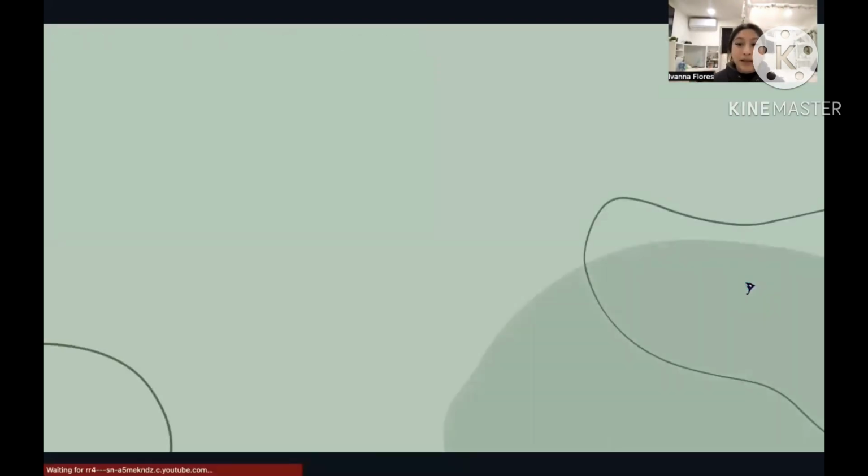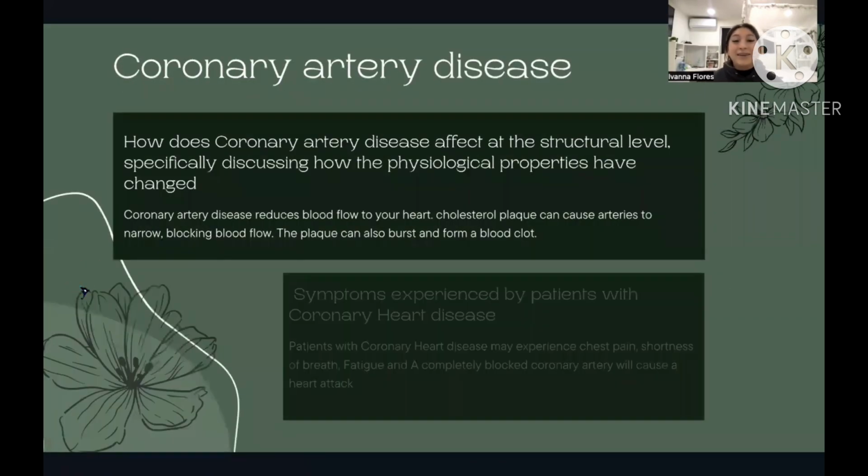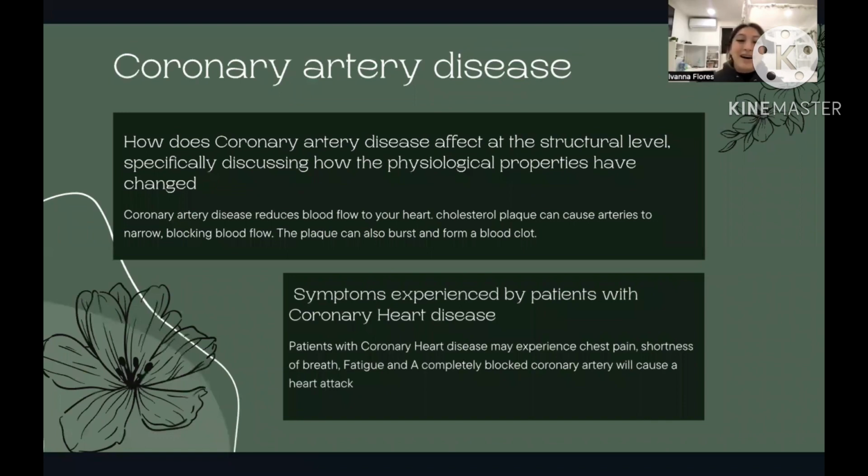So for the questions: how does coronary artery disease affect the physiological properties at a structural level? Coronary artery disease reduces blood flow to your heart, and cholesterol plaque causes arteries to narrow, blocking blood flow.